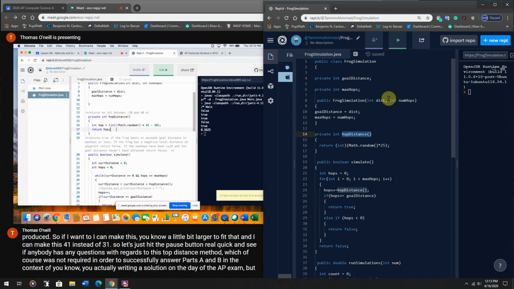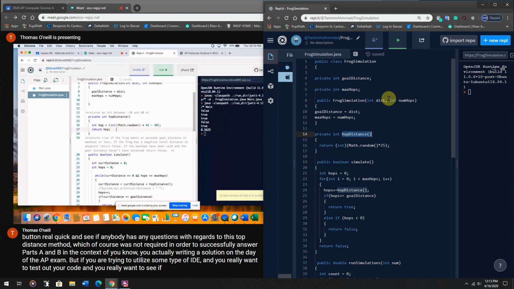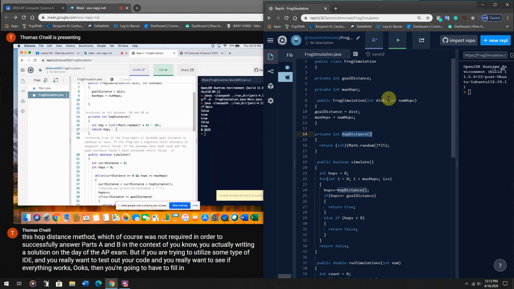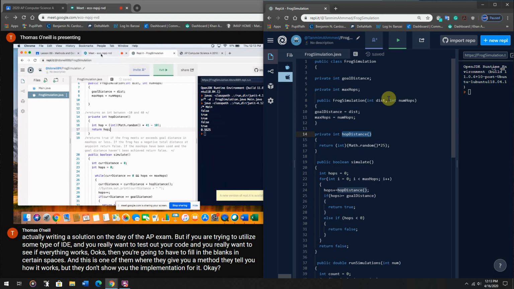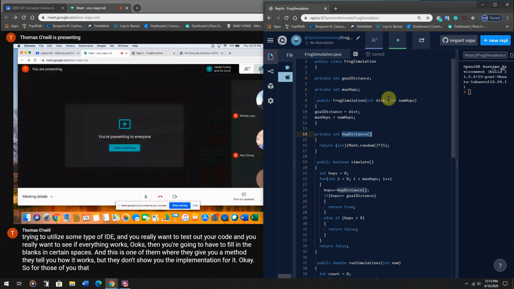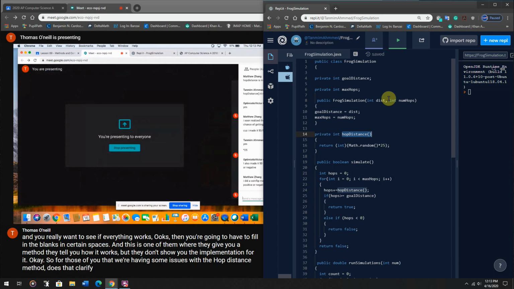But if you are trying to utilize some type of IDE and you really want to test out your code and see if everything works, then you're going to have to fill in the blanks in certain spaces. And this is one of them where they give you a method, they tell you how it works, but they don't show you the implementation for it, okay? So for those of you that were having some issues with the hop distance method, does that clarify your questions?